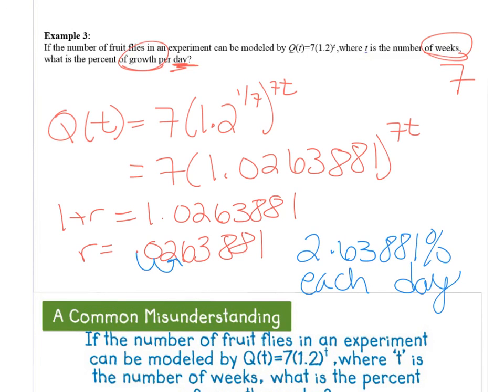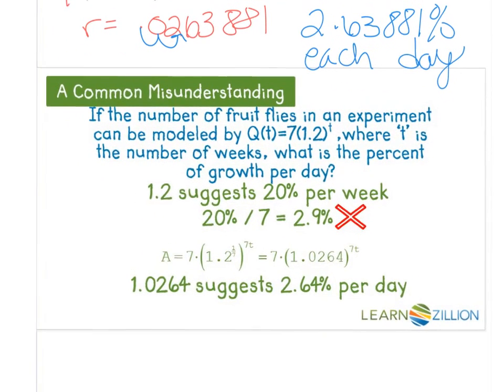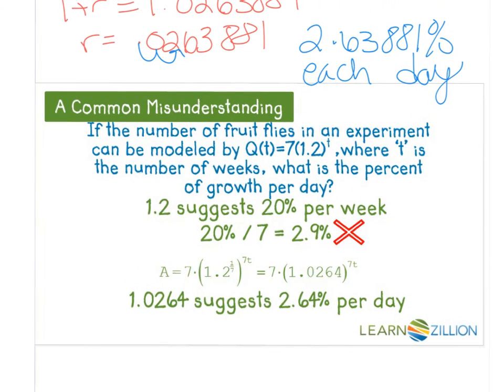Now down here we have a common misunderstanding. The common misunderstanding is to take the 20% from the 1.2, because if 1 plus R equals 1.2, R would equal 0.2, which is 20%. And that was weekly. Then just divide that by 7 to get 2.9%.